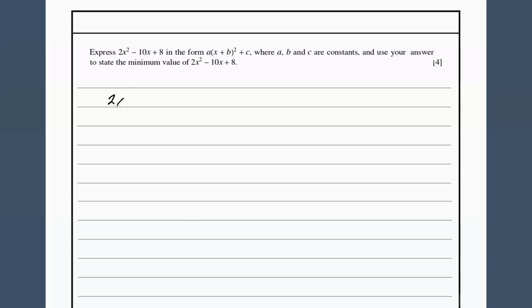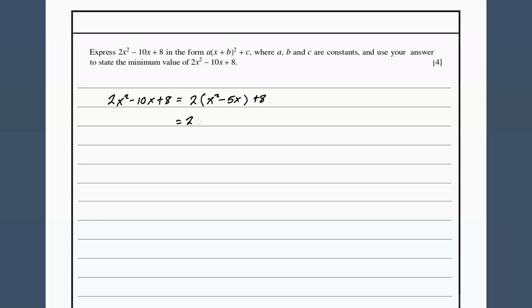Alright, so we do the first thing that they've asked. We have 2x squared minus 10x plus 8, and we factor out the 2 for the first two terms, which will be x squared minus 5x in here, and the plus 8.